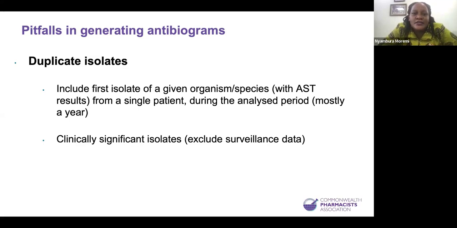The CLSI guideline, the M39, recommends that we remove the duplicate isolates as we create our antibiogram, for us to get a representation of the population that we are serving in that particular area, which is statistically sound.